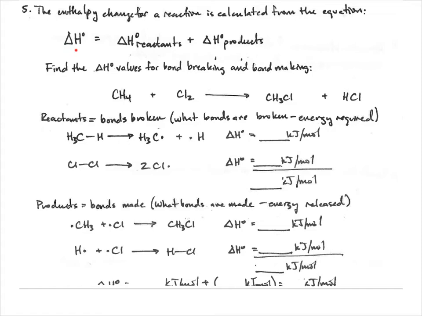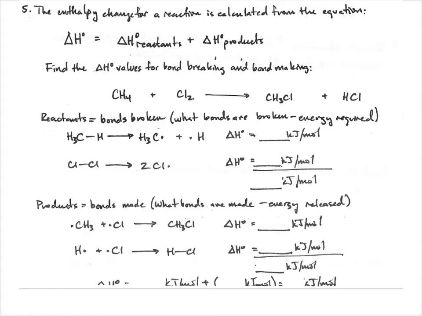So you learned from Gen Chem that the change in enthalpy is the change in enthalpy of the reactants. And notice here, this may change a little bit in how your book presents it. I'm using a plus sign, and I'll explain how this works, plus the change in enthalpy for the products.